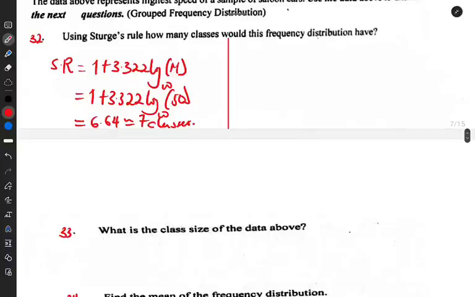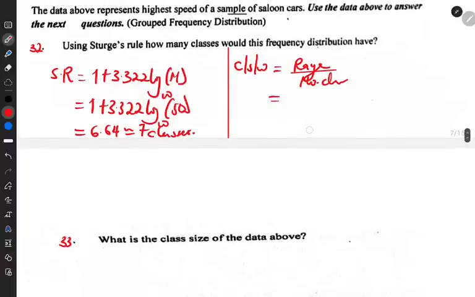Let me compute that here. My class width, or class size, is supposed to be equal to the range divided by the number of classes that we have computed. Straight up, our range is supposed to be the highest value minus the lowest one.